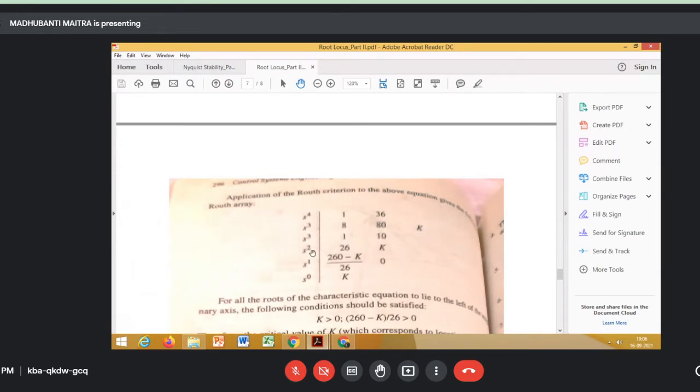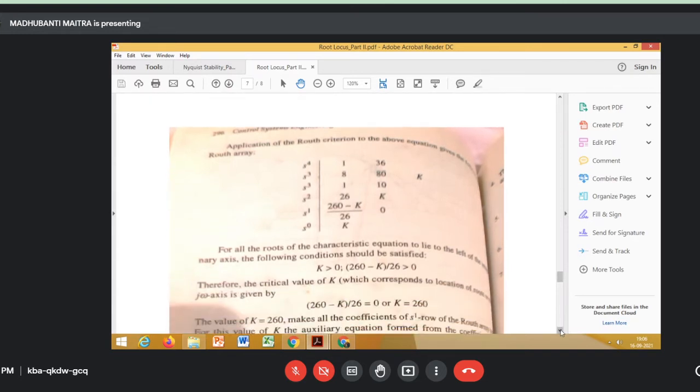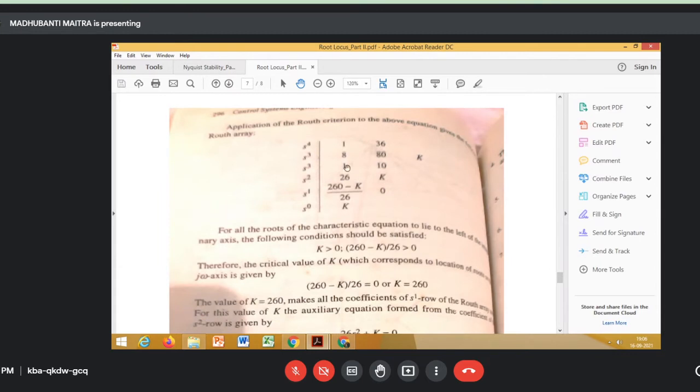Okay, so the elements of s square are 26 and K. This is your assignment. Please check the values. So for s1: (26 into 10 minus 1 into K) divided by 26. So the first term of this row will be (260 minus K) by 26, and the second term will be 0, and s0 will contain a term which is simply K.